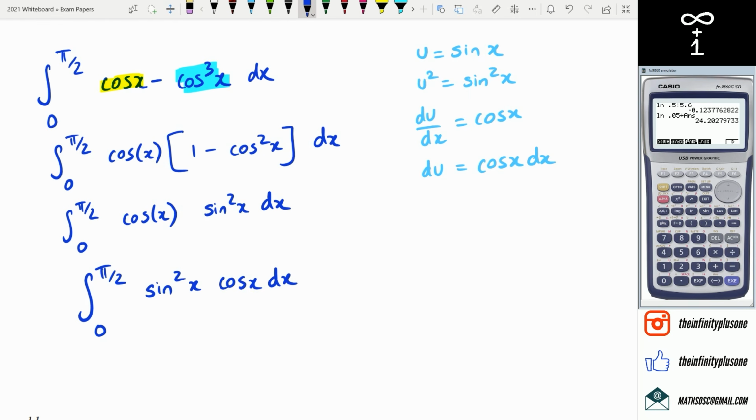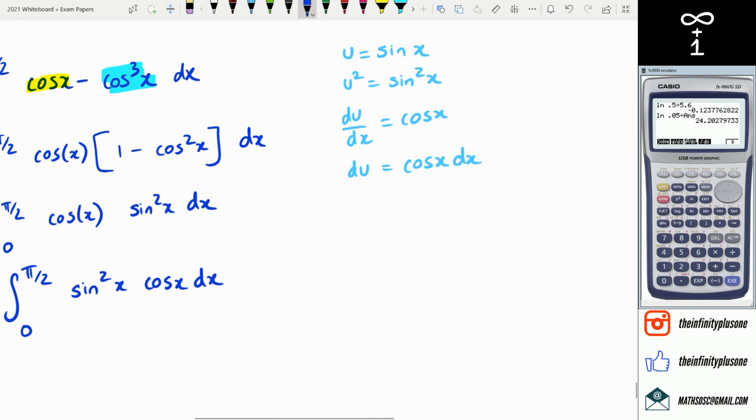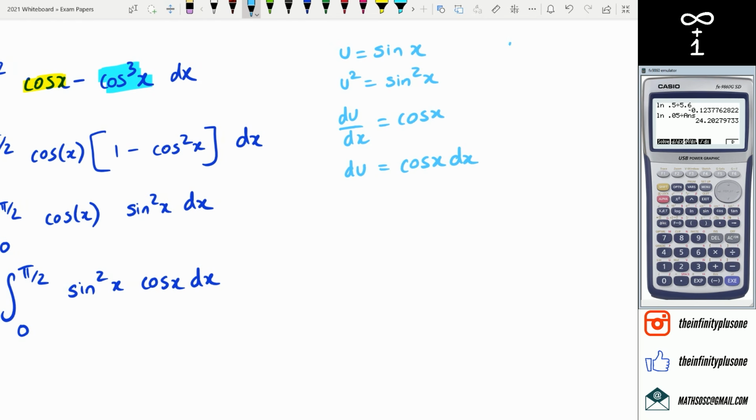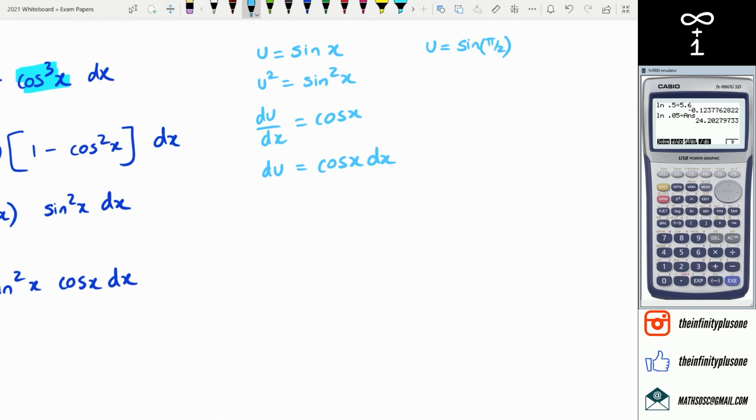Now you could also do it with the values itself, like pi over 2 and 0. You could actually do that as well to make things easy for you. So u is equal to sine of pi over 2, which is 1. And then I've got sine of 0, which is just equal to 0.